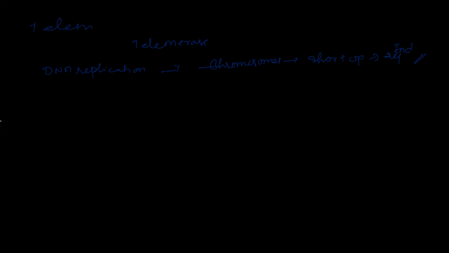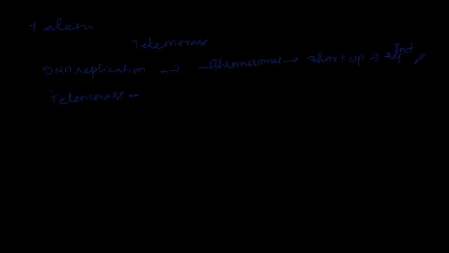But when you see the cancer cells, even if they reach a specific small length, they can still continue the replication. That is with the help of the enzyme telomerase. Now, this is an enzyme which is normally present during fetal development, but not present in adulthood.